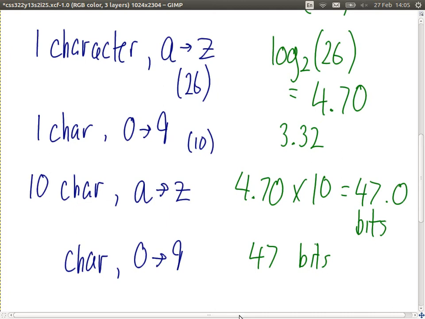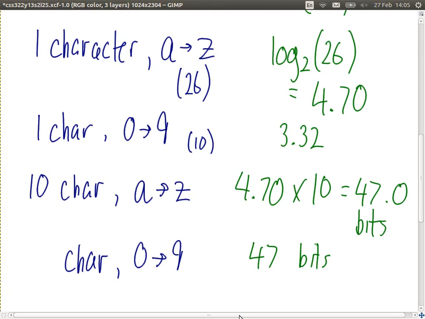One letter requires 4.7 bits. 10 letters, 47 bits. So someone who chooses a 10-character password from letters, if they choose randomly, is equivalent to about a random 47-bit number. Someone who chooses numbers for their password, and we want the same equivalent length in binary, 47 bits, well, one number uses 3.32 bits.